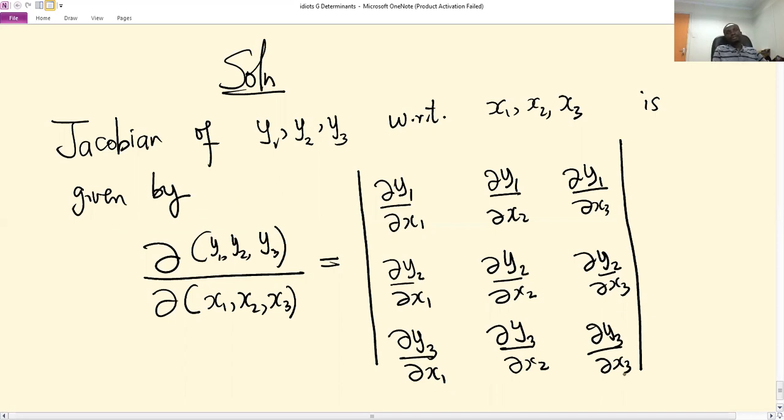That's by definition. So our task would be to find these partial derivatives and get the answer.